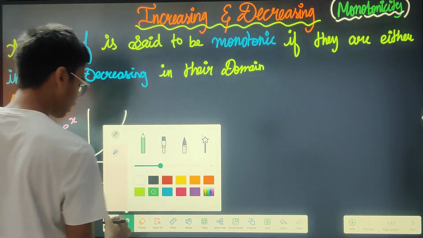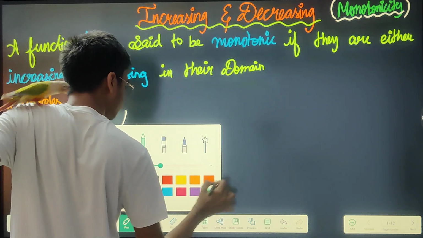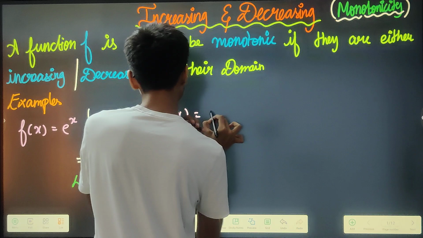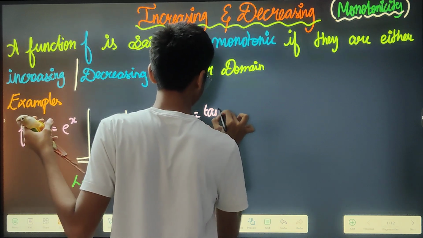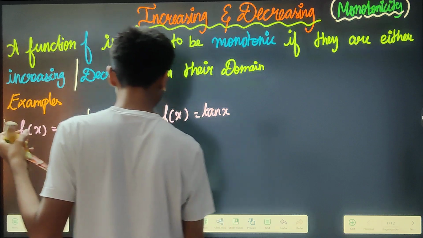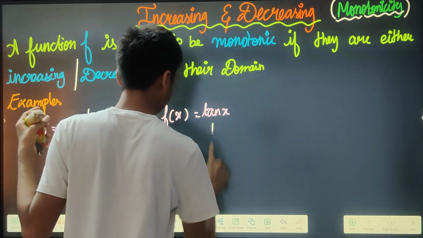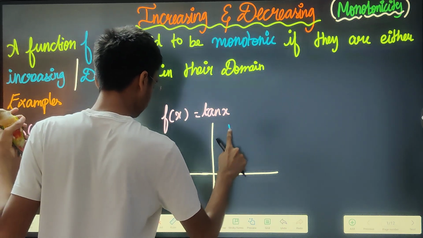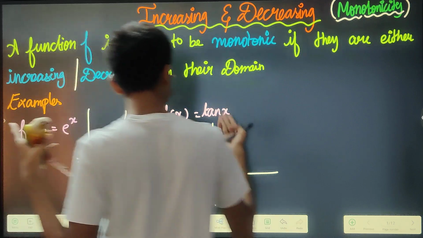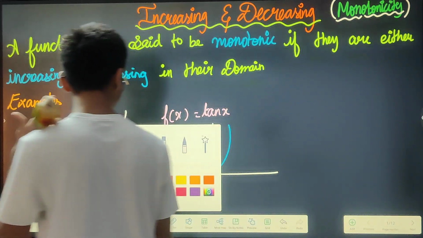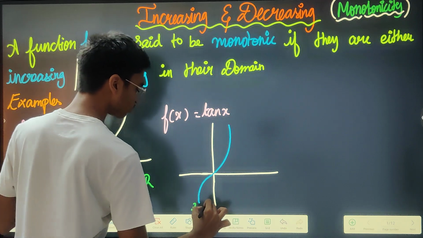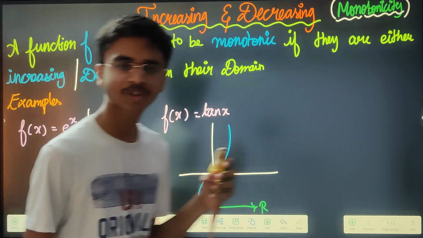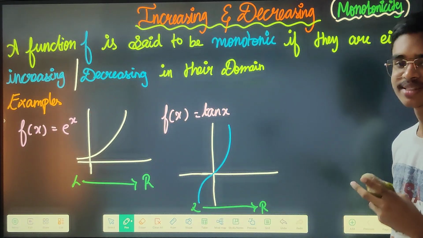Next is the tan x graph. When you take the graph of f of x equals tan x, you have a graph like this, and when you check from left to right, you can easily see that it is just increasing.